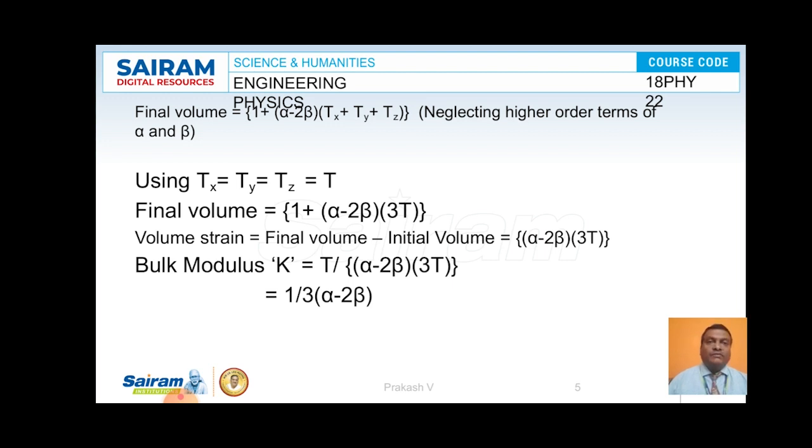Therefore, volumetric strain can be written as final volume minus initial volume. If you calculate that, it will become alpha minus 2 beta into 3T.